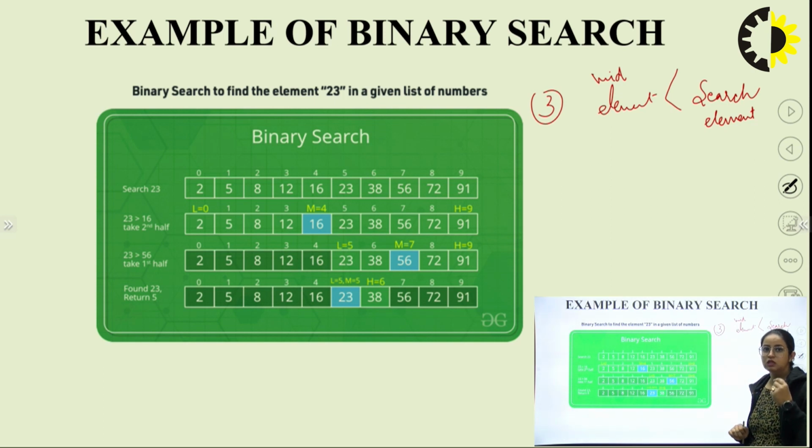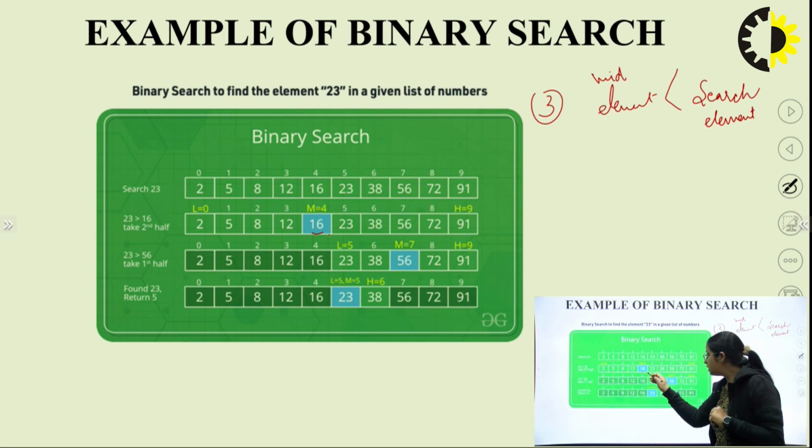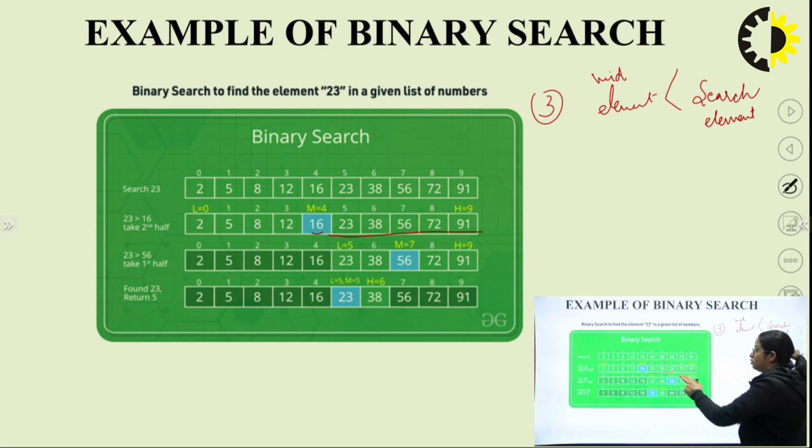The first one is we check whether the element is equal or not. The second one, we check whether the element is greater or smaller. The third one is if the element is greater than the mid element. That means this is our mid element, and the element we are going to search for is larger. That means we are going to search in this particular array.